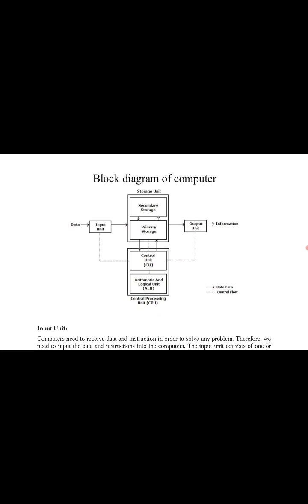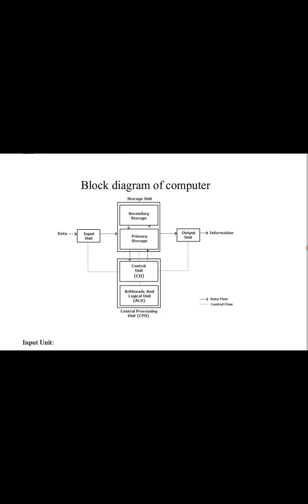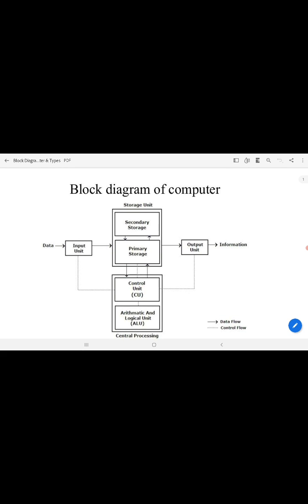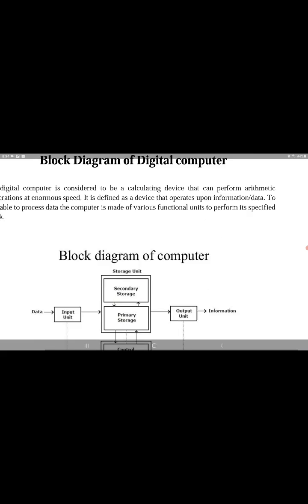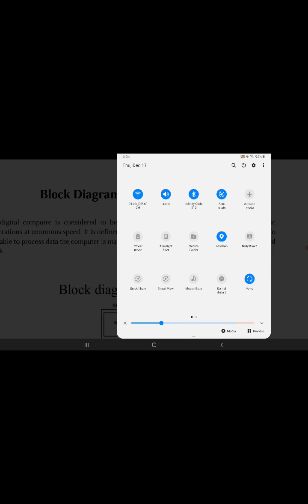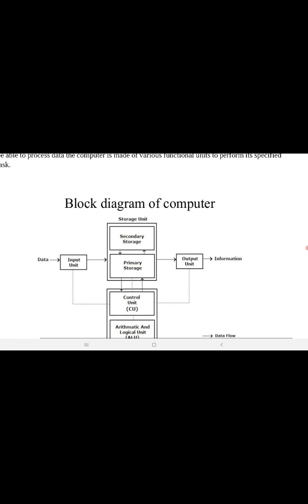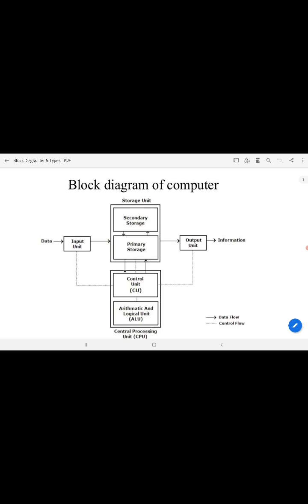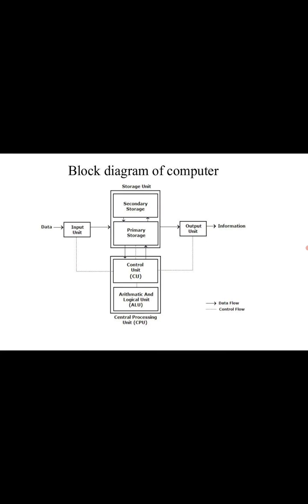So this is the block diagram of a computer, or the architecture of a computer, or the working of a computer. These are the main different parts of a computer, containing different devices or units like the data input unit, output unit, and the central processing unit, or CPU.